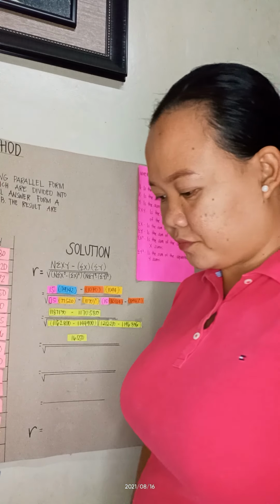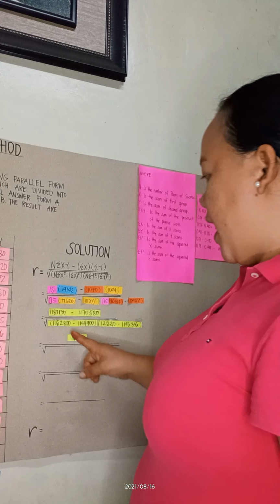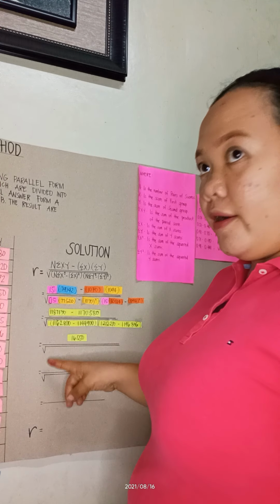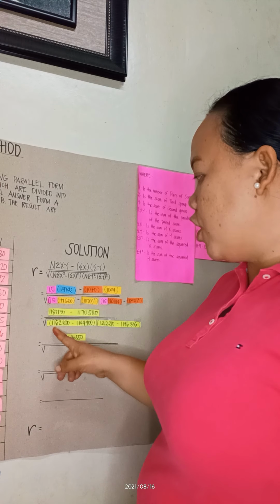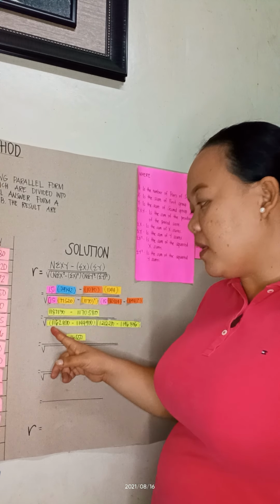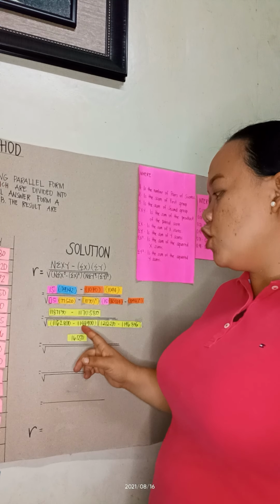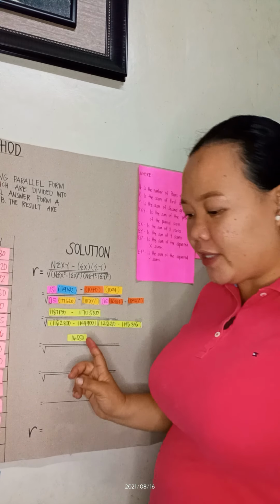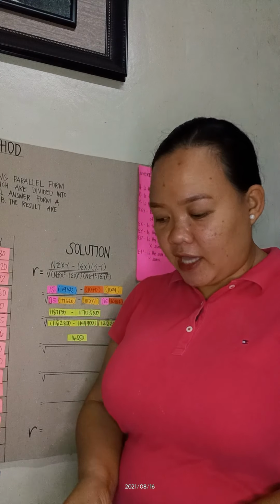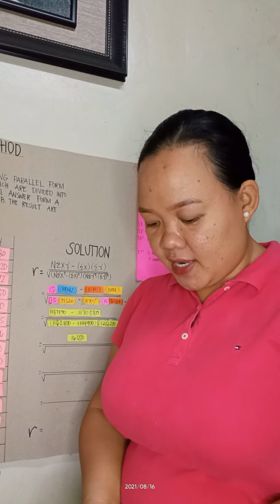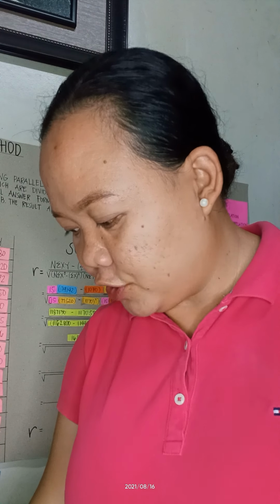Next, 1,162,800 minus 1,144,900 is 17,900.